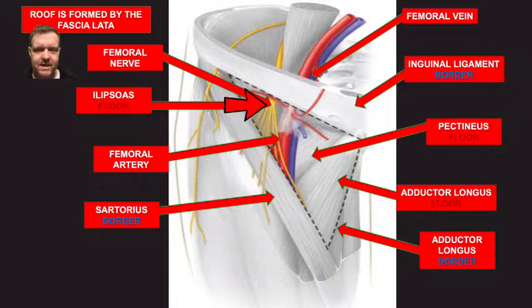It will be quite sensitive around this region as well. So just be aware, they're not being a wuss. You've got a very superficial nerve, artery, and vein around that area, so they may not like deep pressure around that region. Something to be aware of.